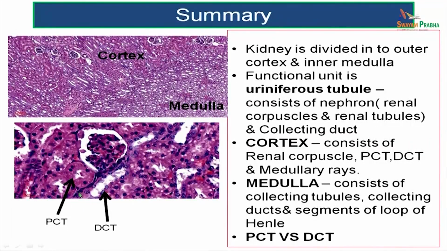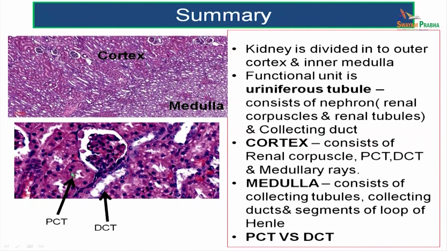We have seen the detailed structure of PCT and DCT as seen in the cortex. I have already mentioned that PCT is longer and forms the bulk of the cortex. So, you will see more sections of PCT as compared to DCT. PCT is darker staining, DCT is lighter staining.